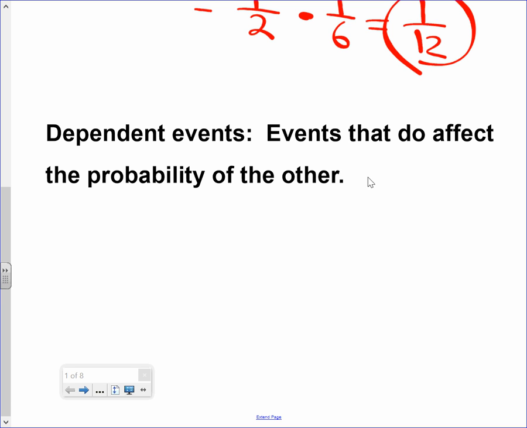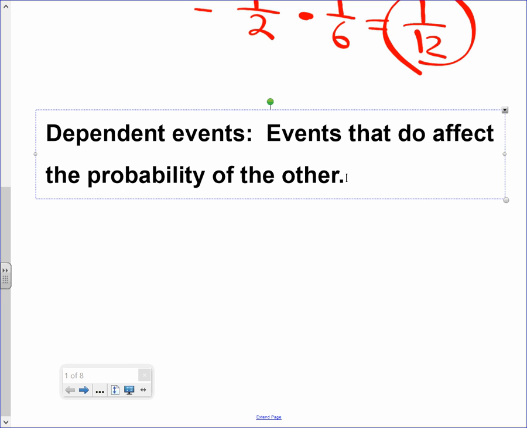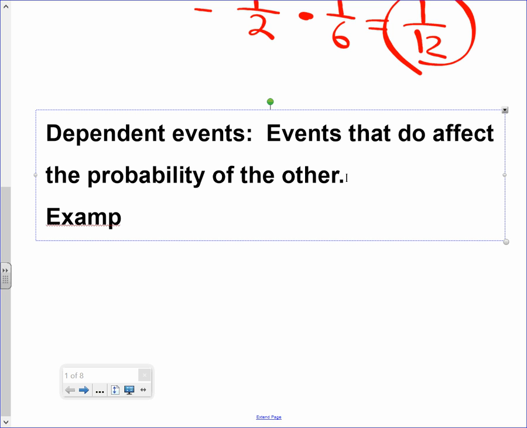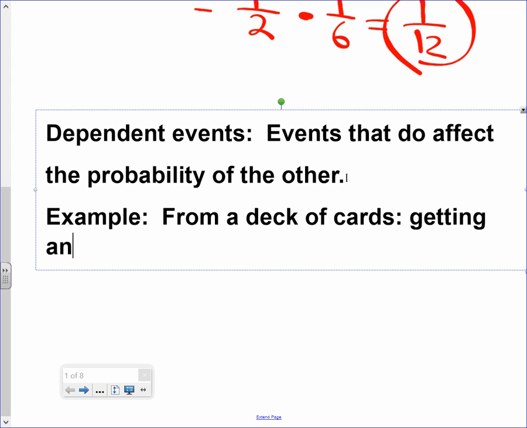Example: from a deck of cards, getting an ace without replacing and then another one.